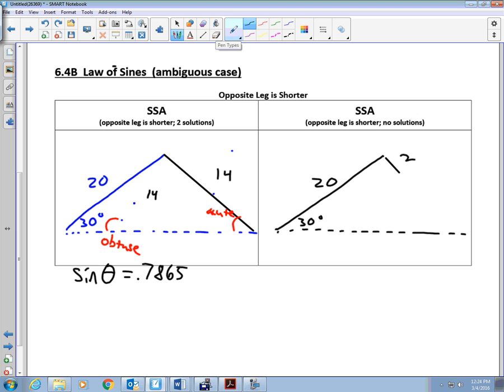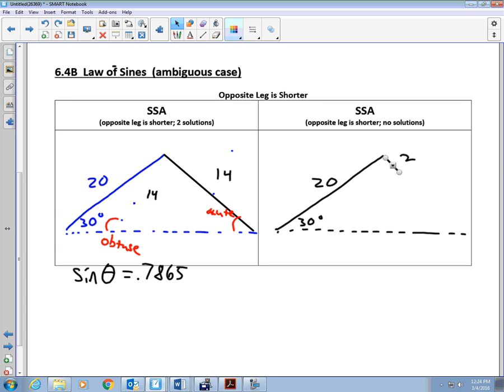It's going to have a length of 2. Doesn't quite reach the bottom, does it?